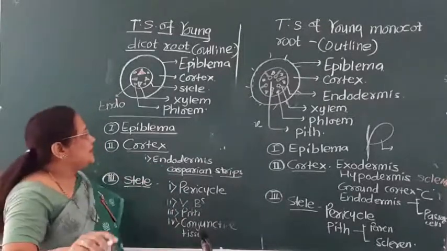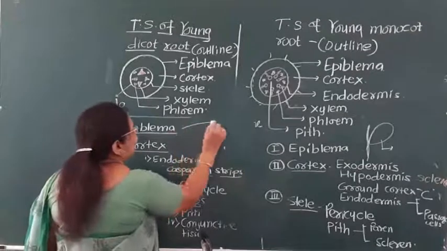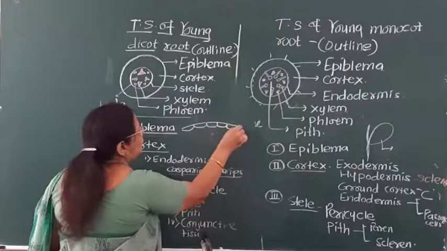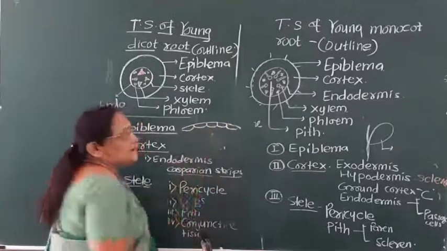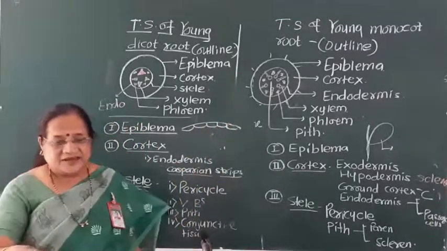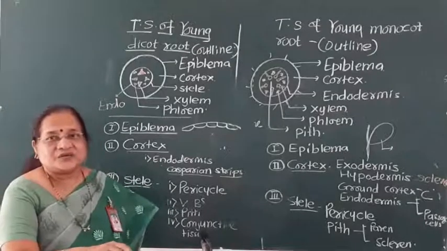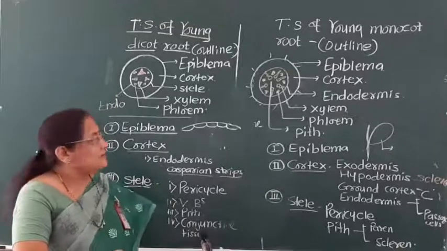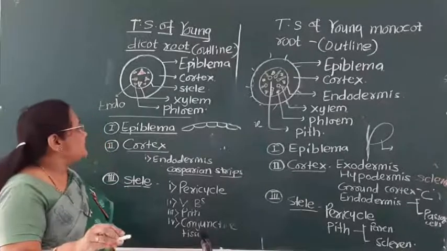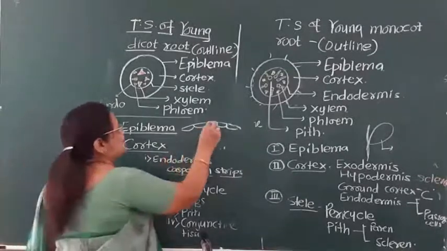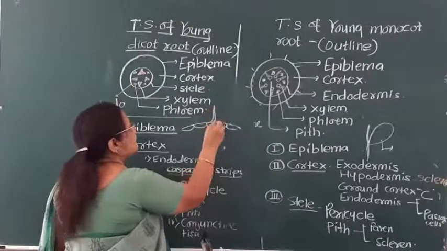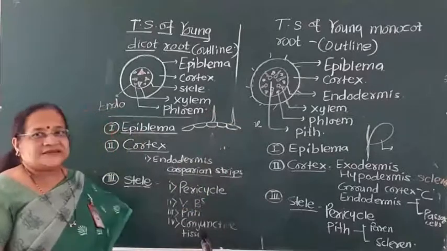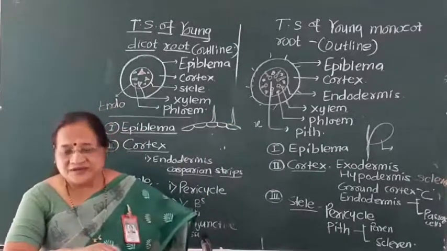The epidermis or epiblema or piliferous layer is a single layer, and in that the cells are closely arranged, thin walled and rectangular. Some cells of this epiblema show extensions towards the outer side, and these extensions we call root hairs, and these root hairs are unicellular.